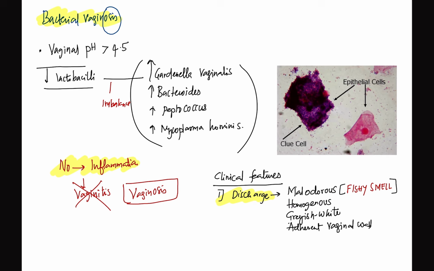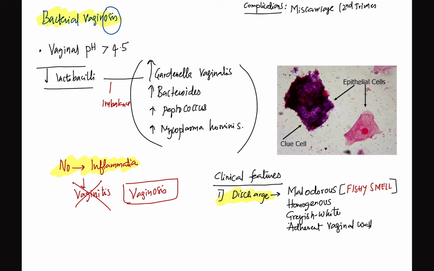Now one more thing I would like to tell you here is that it is associated with some complications. If this bacterial vaginosis occurs during pregnancy, it is very risky, because it can lead to miscarriage, mainly in the second trimester.